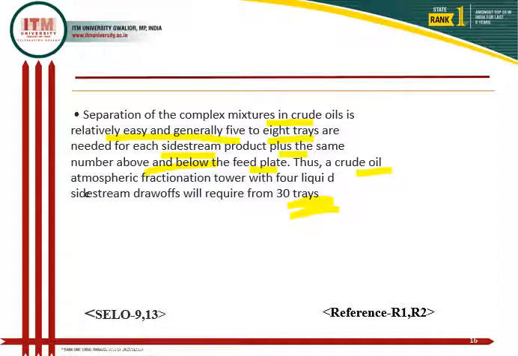Understood? As we have seen, for the lighter fractions each section requires 5 to 8 trays for the separation. So we have almost 30 to 50 trays in a normal atmospheric fractionating column or tower.